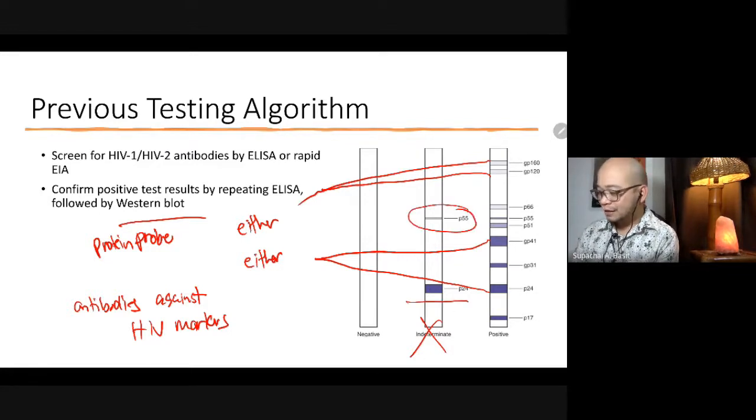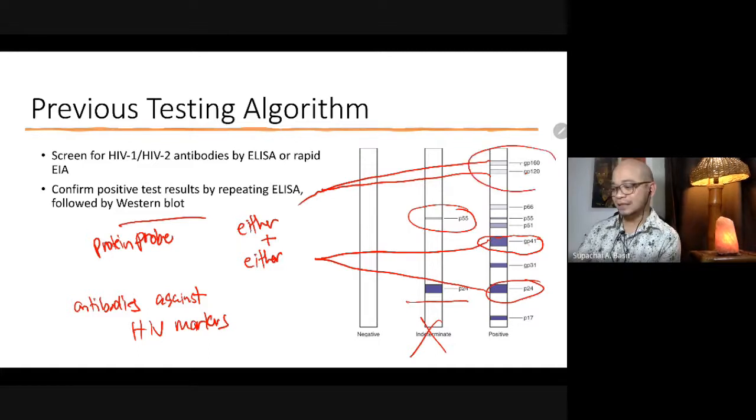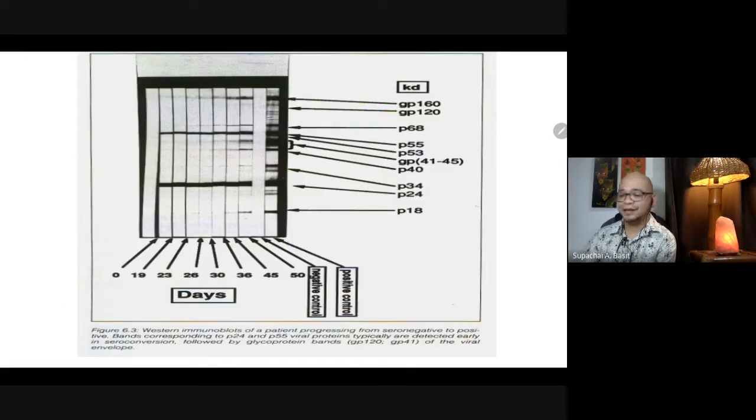But as I told you, you have to be positive in GP41 plus P24 plus either GP120 or GP160. Okay, so this is the previous testing algorithm. This is the actual result of the Western blot.